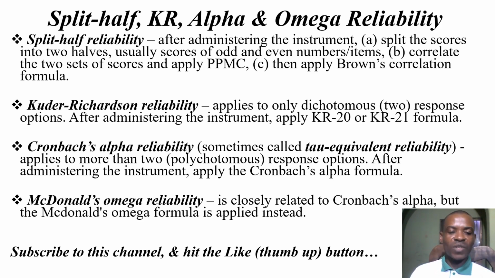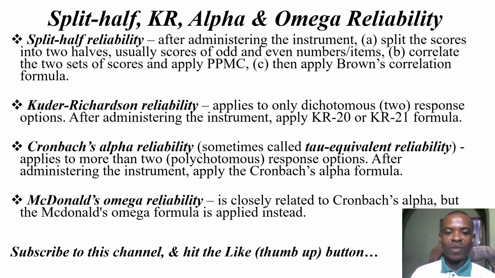Now, another interesting and more trending one is the McDonald's omega reliability. It is almost the same as Cronbach's alpha. In my future video, I will discuss the difference between the two. They are very closely related, but you simply apply McDonald's formula instead of Cronbach's formula.